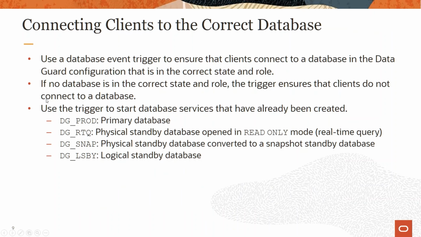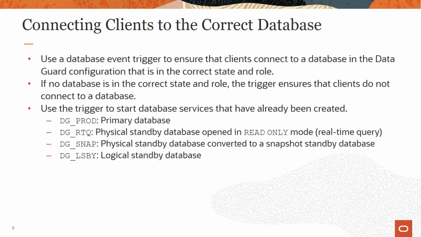So here we have connecting client to correct database. Use a database event trigger to ensure that the client connects to a database in the data guard environment that is in the correct state and role. In the standalone environment, we can use an event trigger to automate starting up of a service based on current database role.